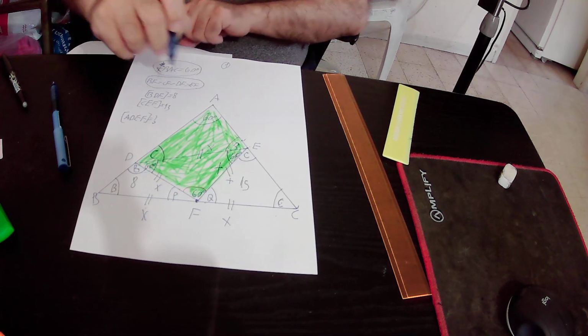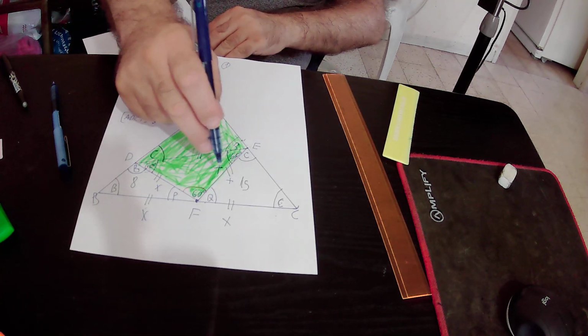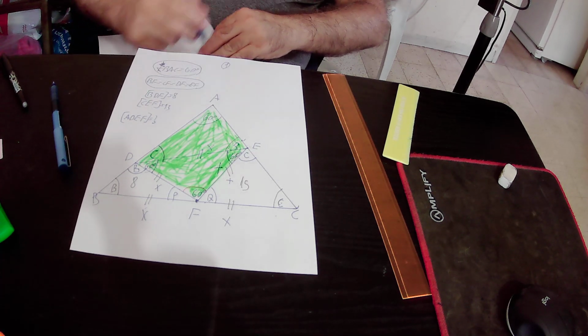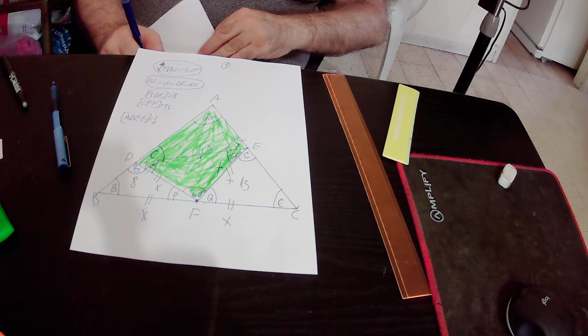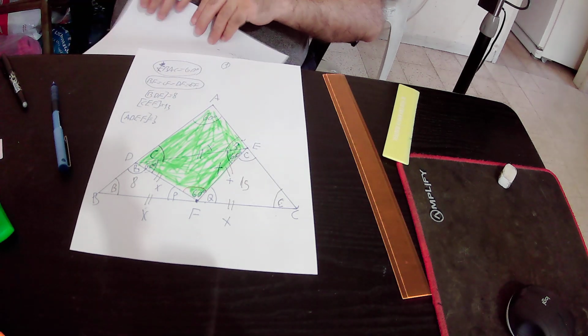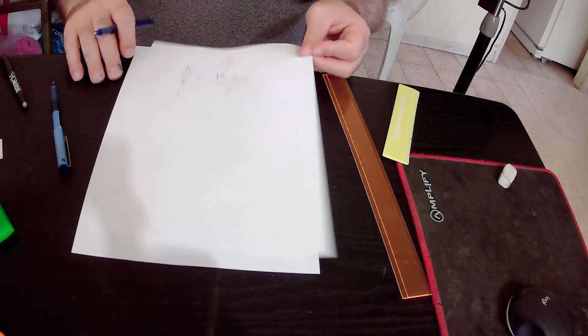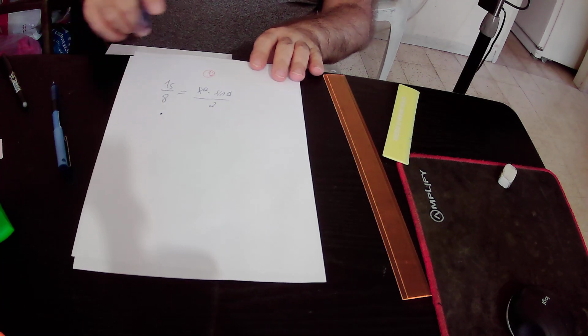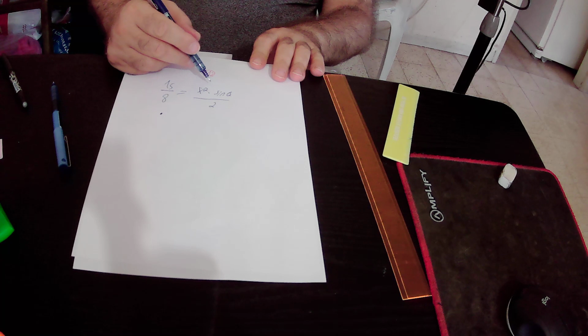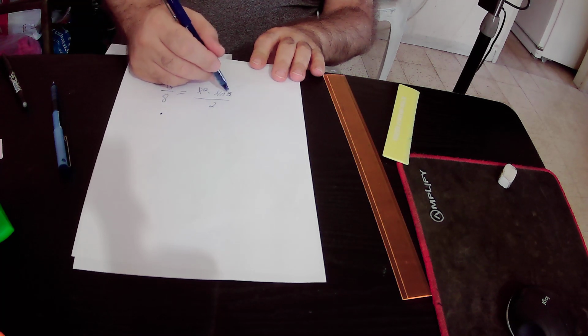The area of the big triangle FEC equals X times X, that is X squared, times sine Q over 2.